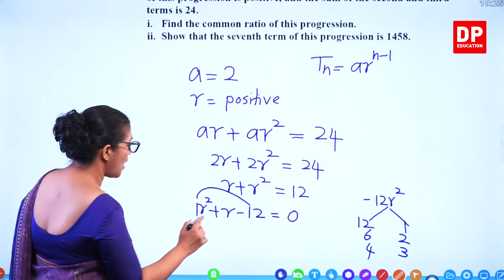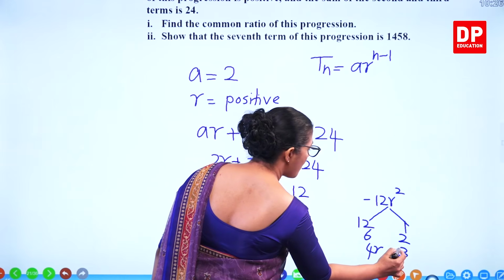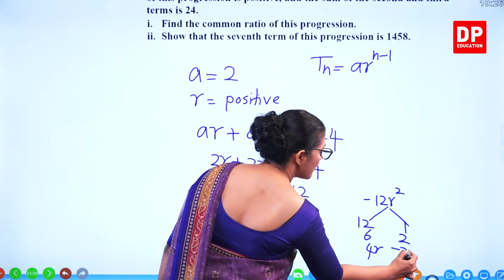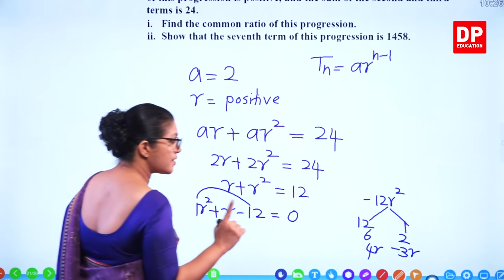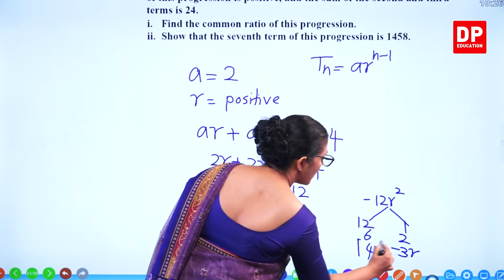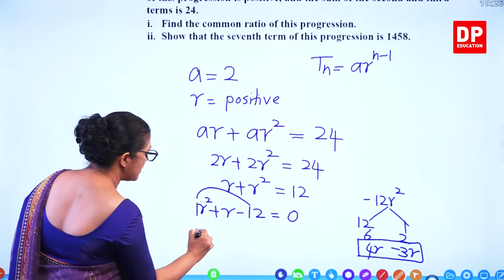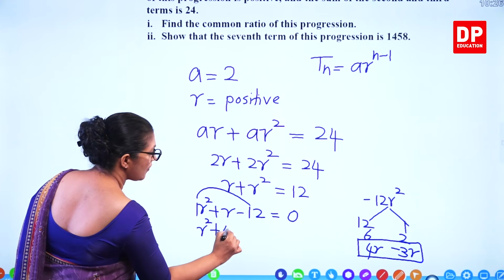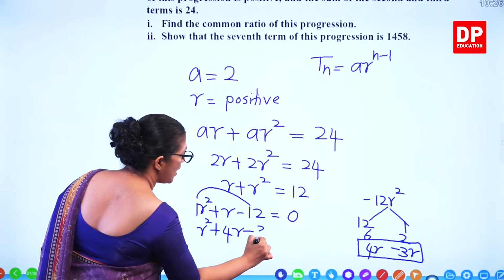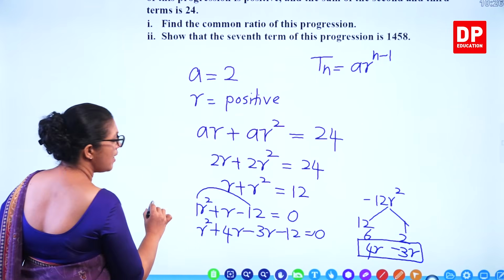So the factors are plus 4r and negative 3r, because the difference is plus 1r. So you can take the correct factors and split the middle term: 4r and minus 3r. Take 2 terms at a time and solve.